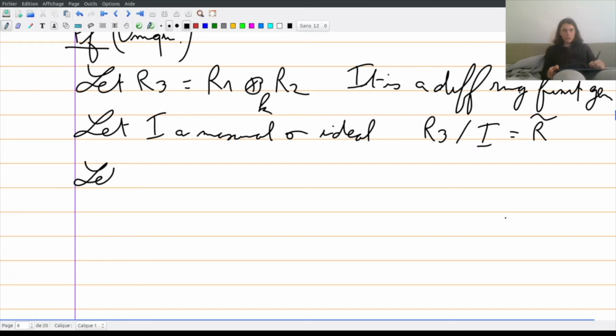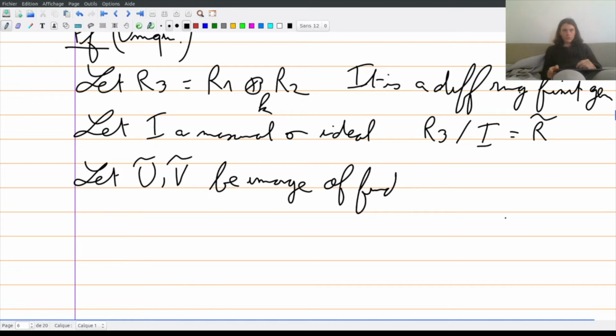So let U tilde and V tilde be the images of the fundamental solutions of R1 and R2 inside R tilde.